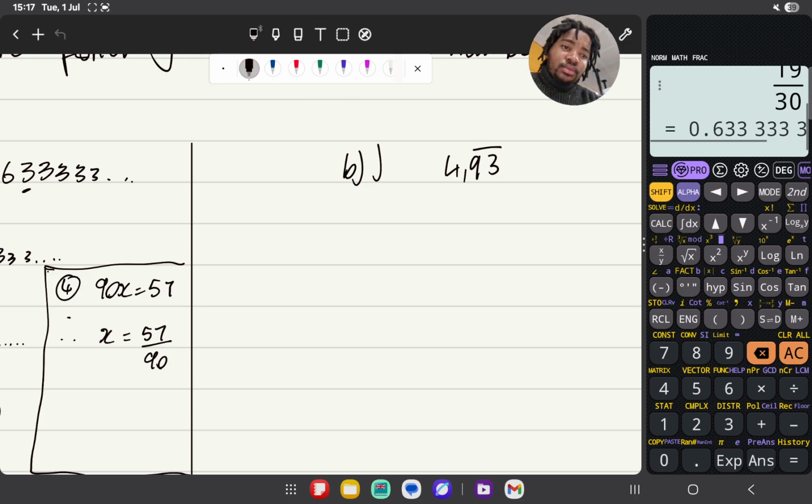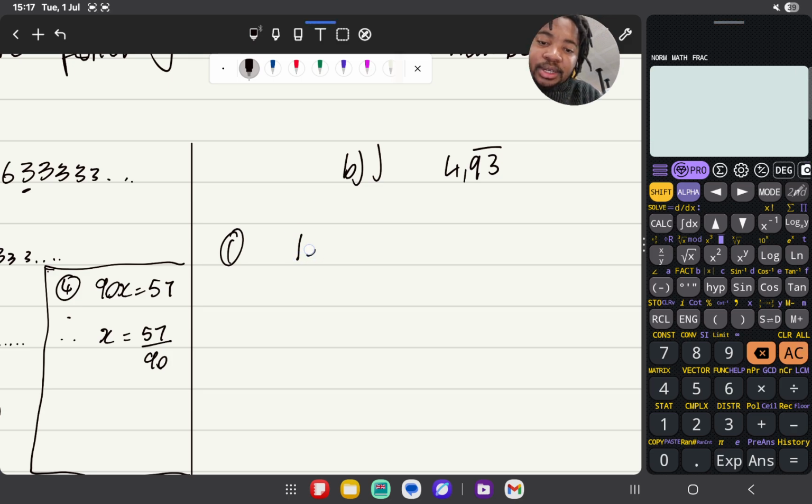So step one, what we do, you will say let x equal 4.939393, right? With that, and then number 2, you multiply by 10 this time.